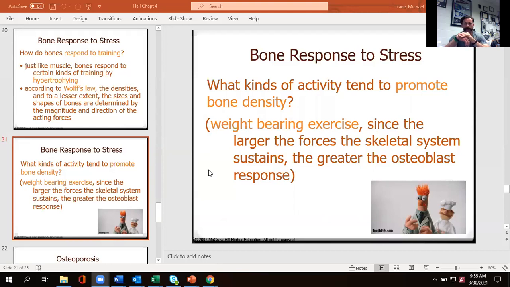Now, how many of you typically do handstand push-ups? So it's safe to say that all of your body weight going through your hands, wrists, elbows, shoulders, and the bones connecting everything is going to be much higher than what you're used to. There are certain movements that are much more challenging, which would promote bone mineral density.